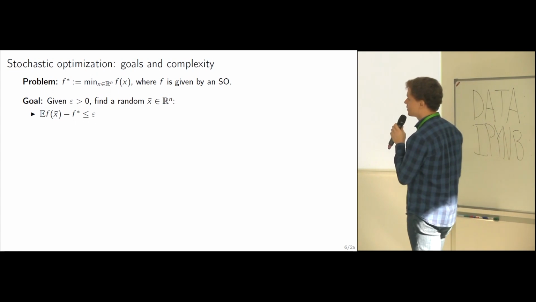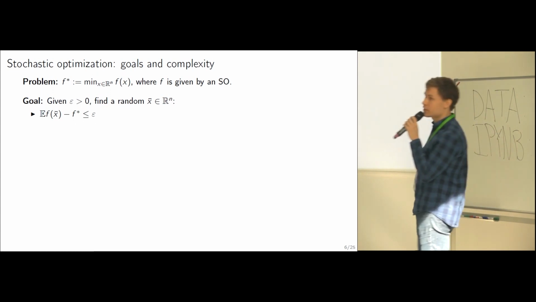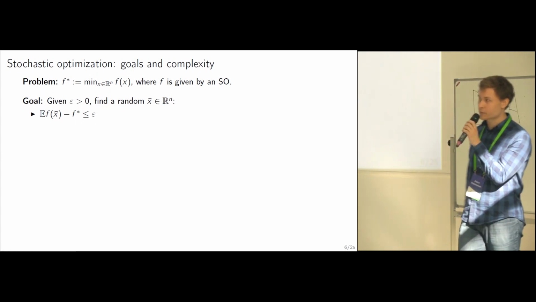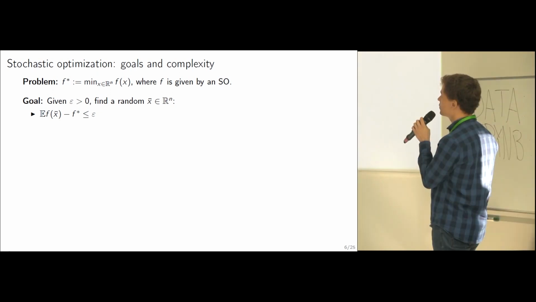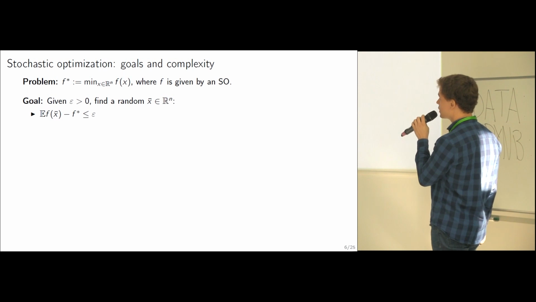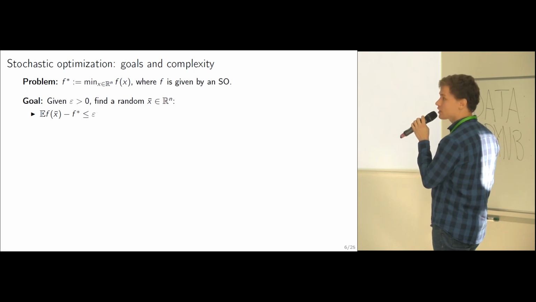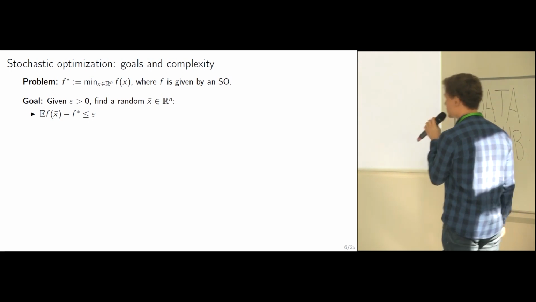And note that, as we saw in previous examples, in stochastic optimization, we deal with randomness. And so all the algorithms that we use for stochastic optimization will generate random points. Therefore, we have this expectation here, because if we do not have this expectation, then this must be a deterministic quantity, and of course, this is not the case.